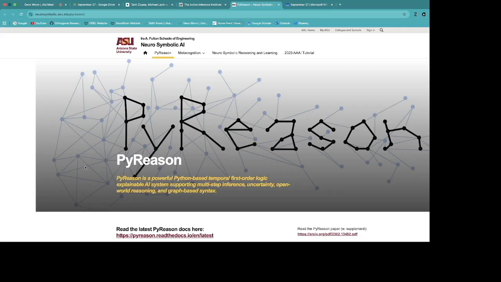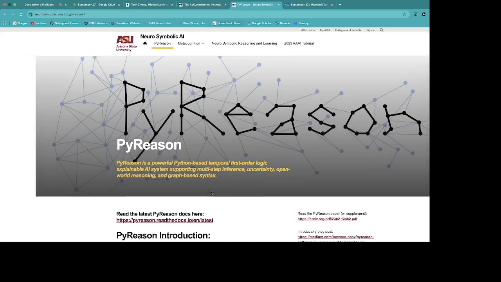This is something that was also put in the Slack, I think, by Morgan. And this is a Python package where they're doing neurosymbolic computing. So PyReason is a powerful Python-based temporal first-order logic explainable AI system supporting multi-step inference, uncertainty, open-world reasoning, and graph-based syntax.